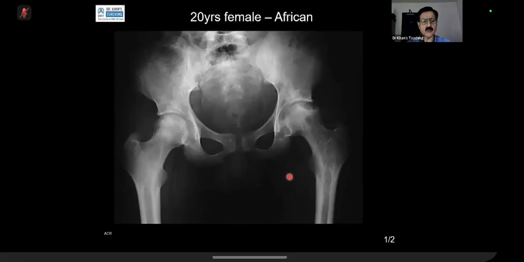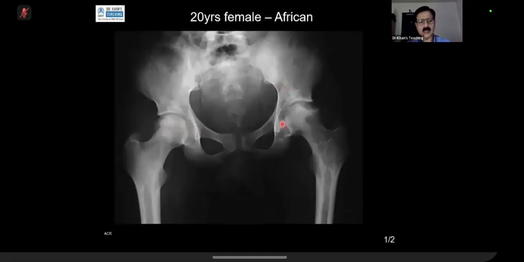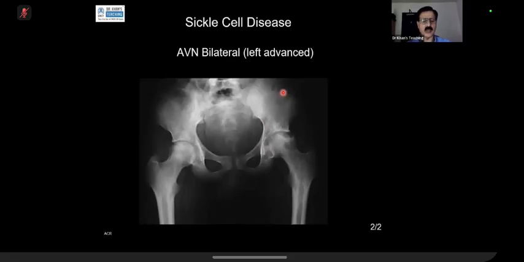So these kinds of films do come in the exam. They can come in the rapid reporting also. This patient has bilateral findings, and we can see bilateral avascular necrosis, more advanced on the left side with sclerosis and some collapse. The hint here was, of course, that it is not just confined to Africans, but it is more common.